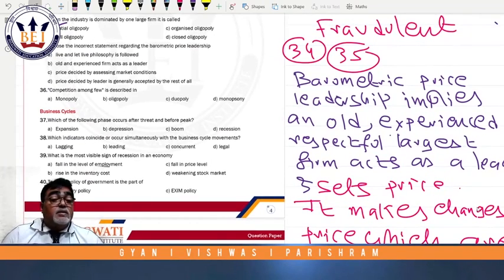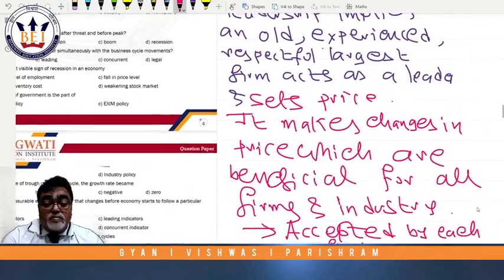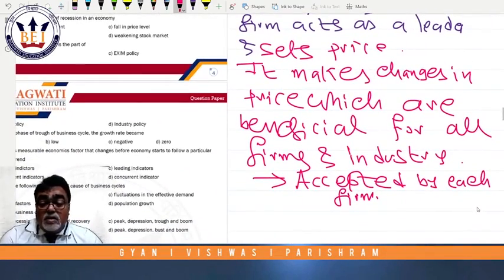With these options only, you can find the answer. Choose the incorrect statement. Old experience complied, price decided complied, and generally accepted. You could see A is not there, which I have written: sets price, old experience, beneficial, accepted by each firm. So we can nullify three options.